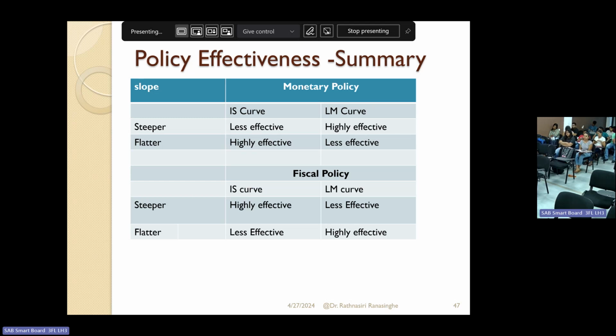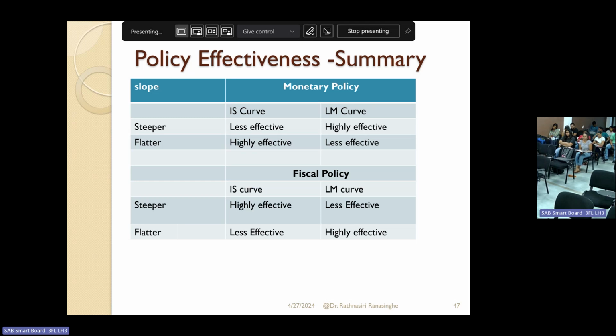If you take monetary policy, if we have a steeper IS curve, monetary policy is less effective. And if we have a flatter IS curve, monetary policies are more effective. And the LM curve, if we have a steeper LM curve, monetary policies are effective, and if it is flatter, less effective.